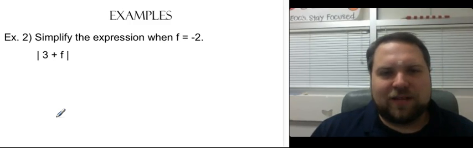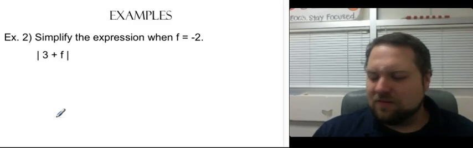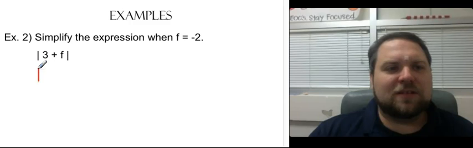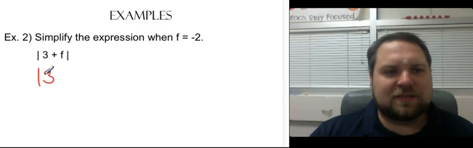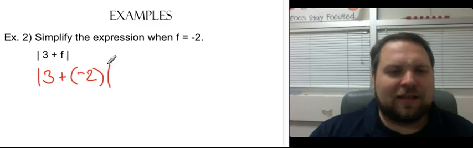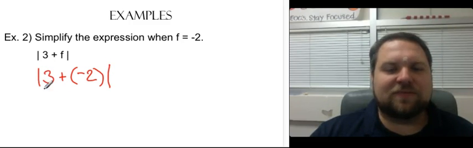Simplify the expression when f is equal to -2, and then I've got the absolute value of 3 plus f. So what I'm going to do first is make my substitution. Take f and replace it with what f is equal to. Now remember, I deal with this absolute value operator almost as if it were parentheses.